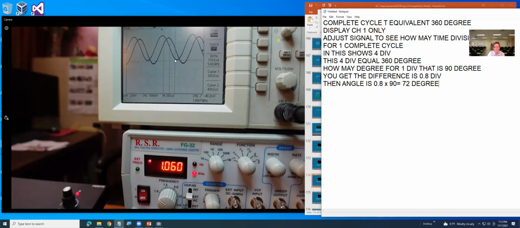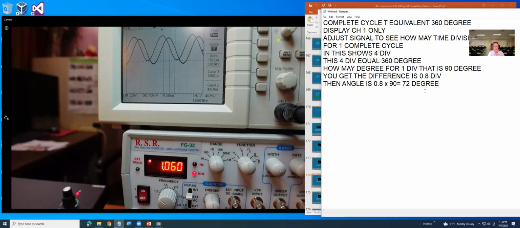You take 360 divided by 4, that tells you 1 division equals 90 degrees. And now you want to see the difference between the 2 signals, then you see how many divisions. In this example, you get 0.8 division. Then you take 0.8 times 90 degrees, and that gives you a phase angle of 72 degrees.